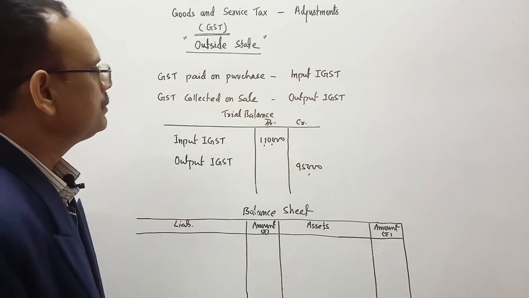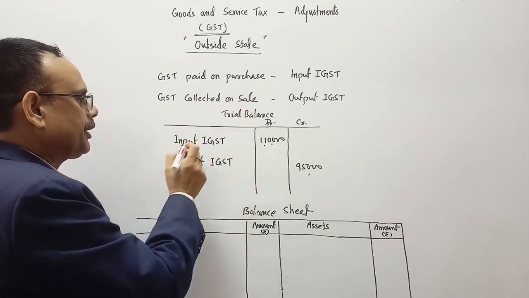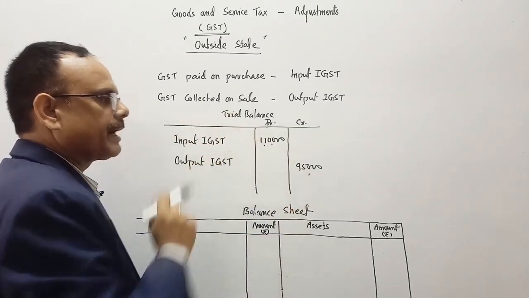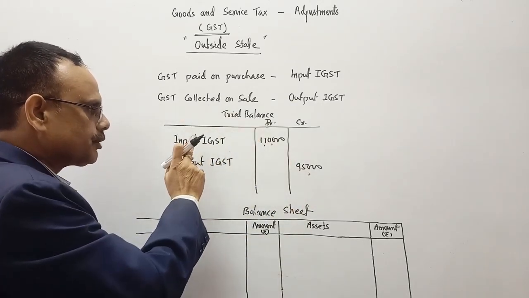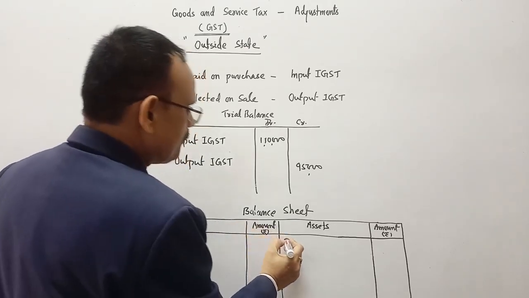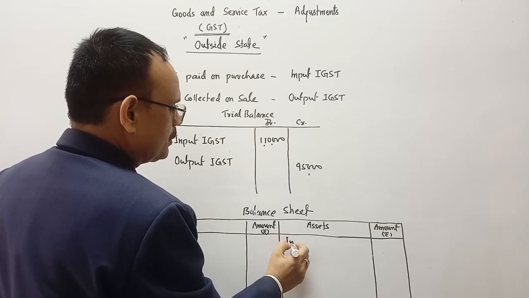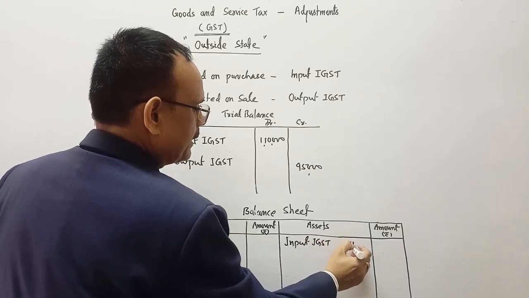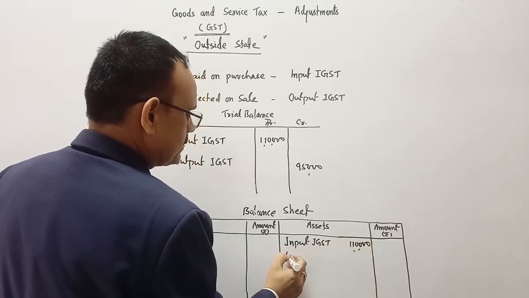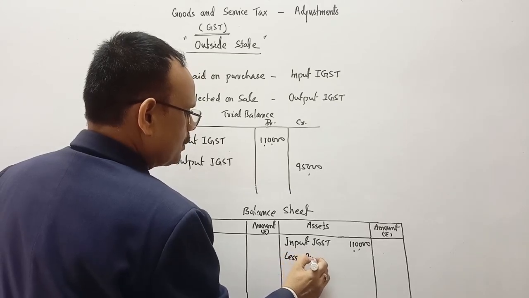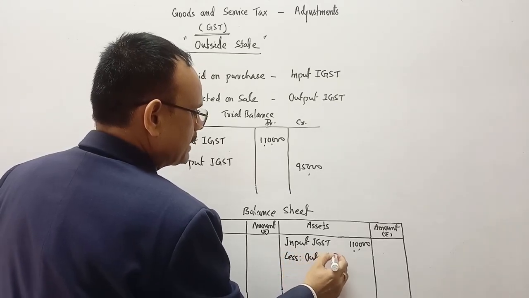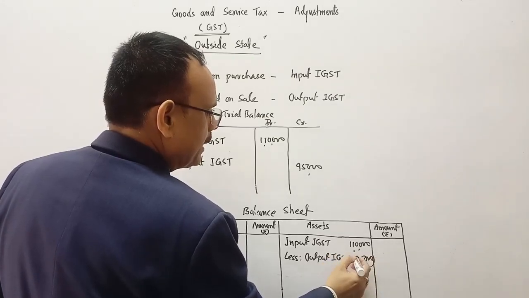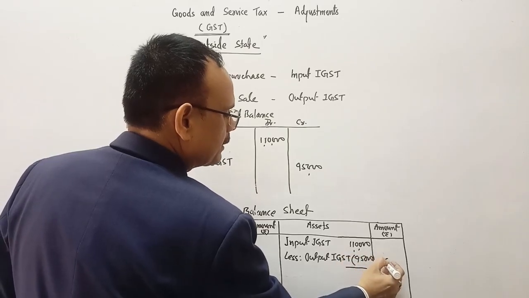Okay, so suppose in the trial balance input IGST is 1,10,000 and output IGST is 95,000. So input IGST is more than output IGST, then this will be reflected on the asset side. Input IGST, it is 1,10,000, less output IGST, it is 95,000 deducted, and write the figure in the outer column, 15,000.